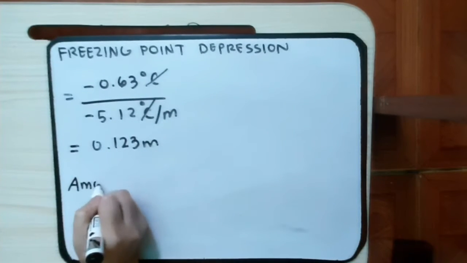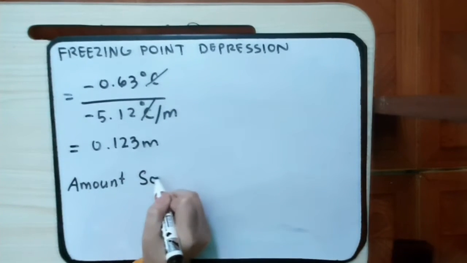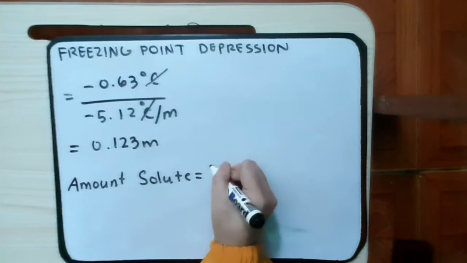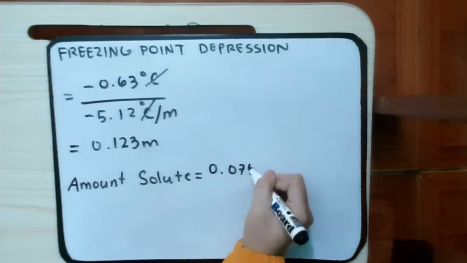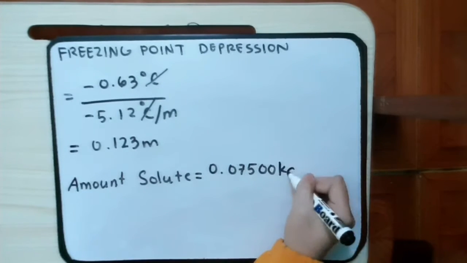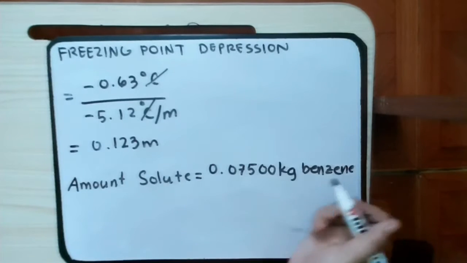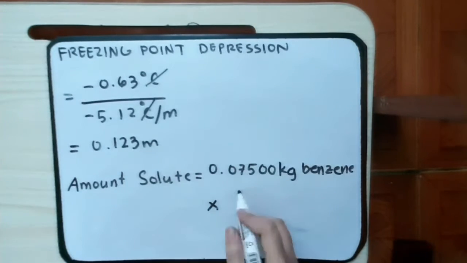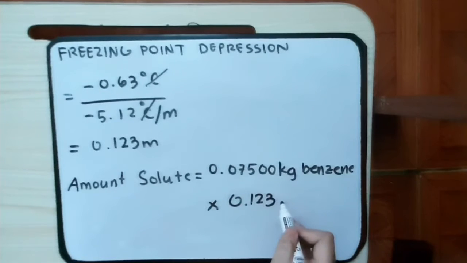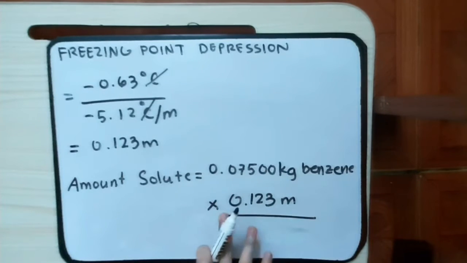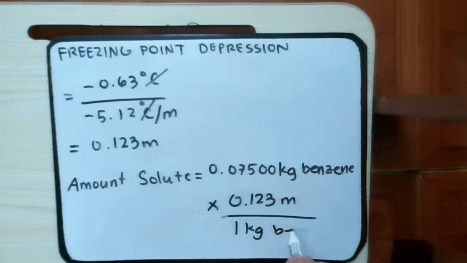So, for the amount of solute, we will have 0.07500 kg benzene multiplied by 0.123 M over 1 kg of benzene.